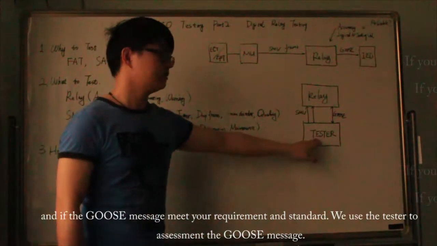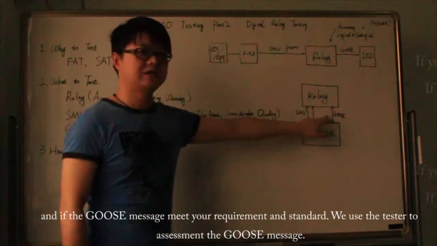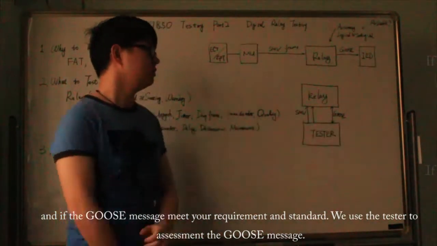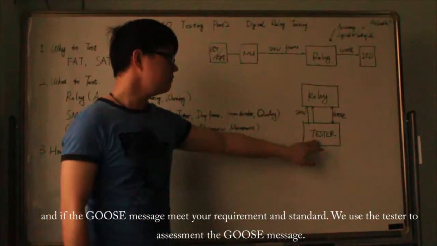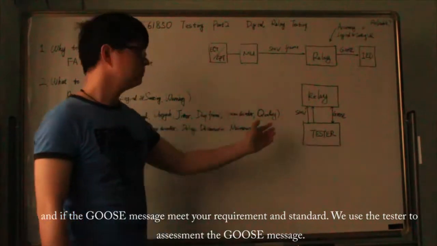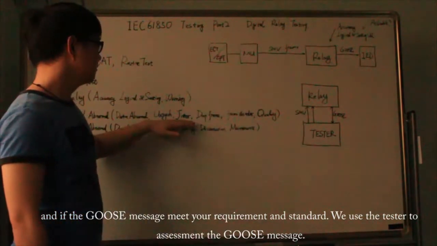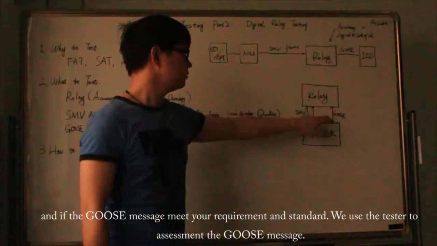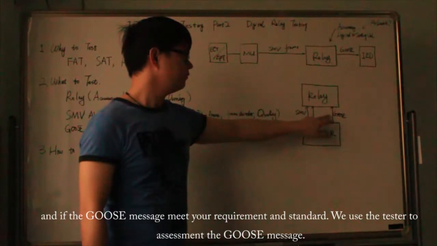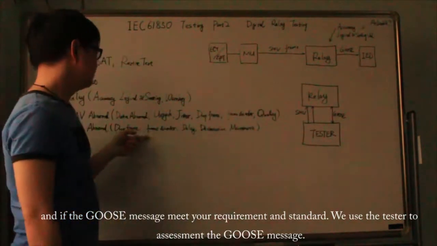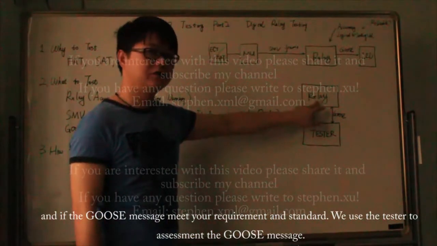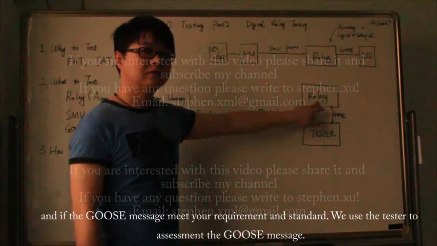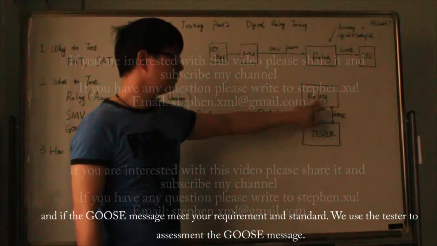We use the tester to assess the GOOSE message. And the tester also can give GOOSE messages with these problems to our relay, to see if the relay will block or alarm.